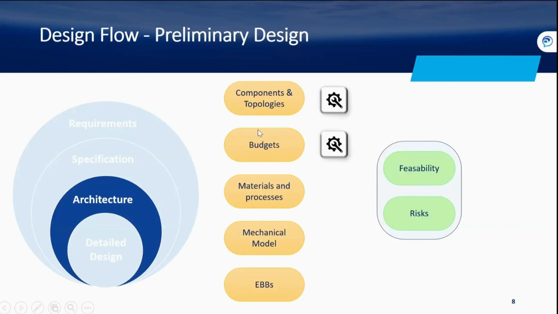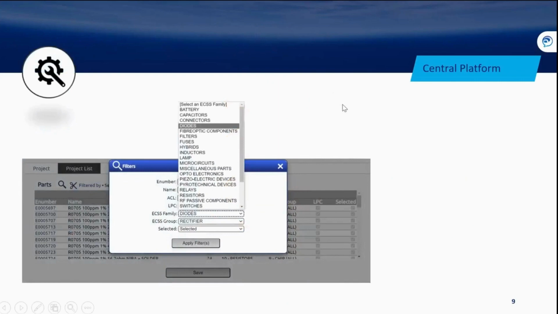So, for example, well, the first thing should be choosing our components. That is a critical step in our design. So we must take into account that the components we choose will have to ensure reliable performance during the whole mission. So that is why they are submitted to a rigorous test and qualification process.